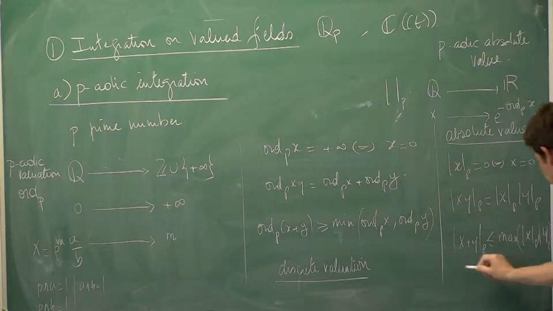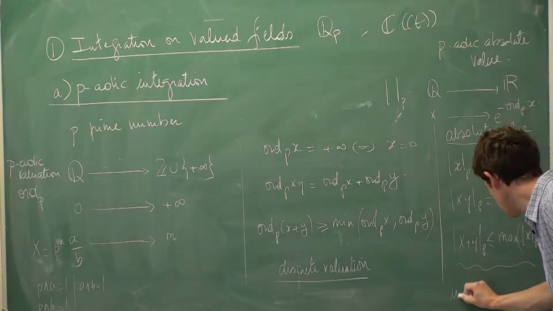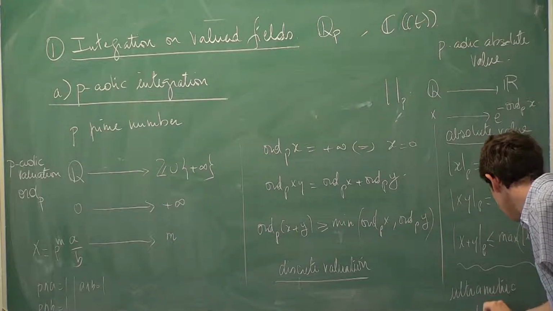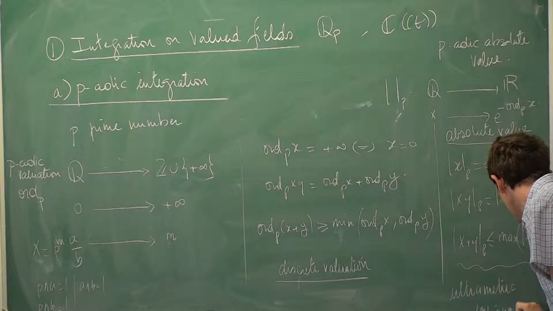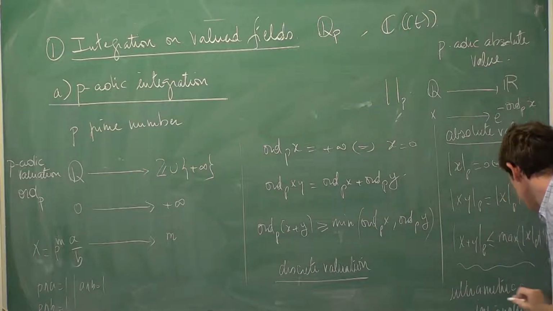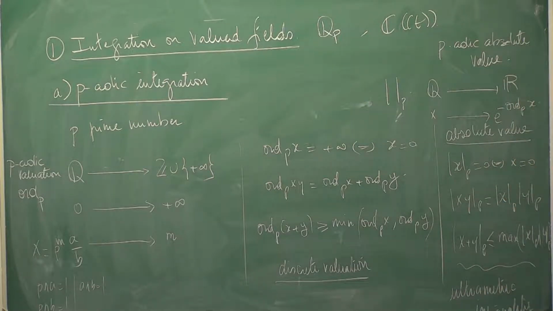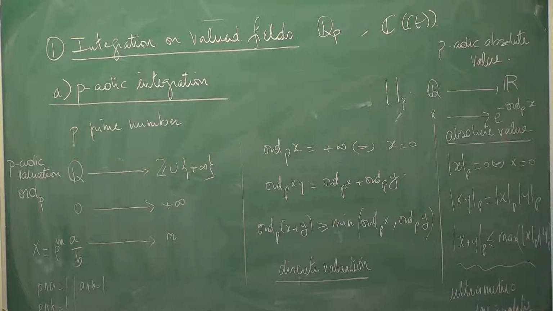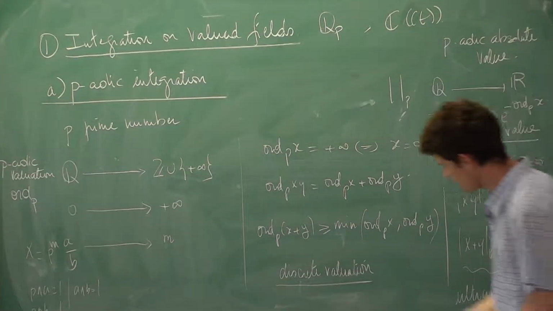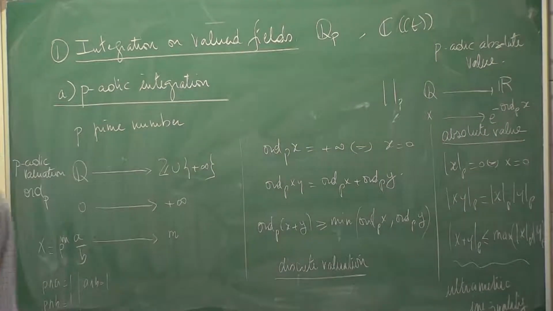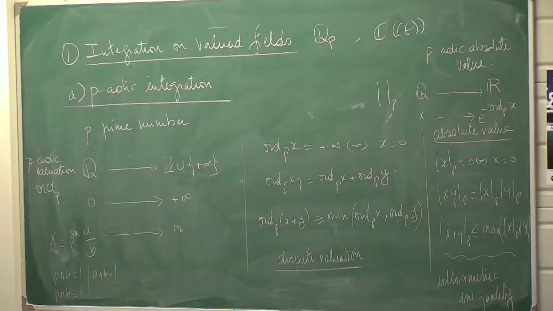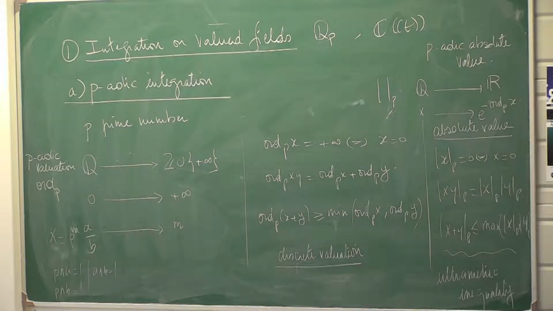So this is the ultrametric inequality. And because of this ultrametric inequality, the geometry of Q_p is very, very different than the geometry of the reals. So I will explain that. But before, I define Q_p.